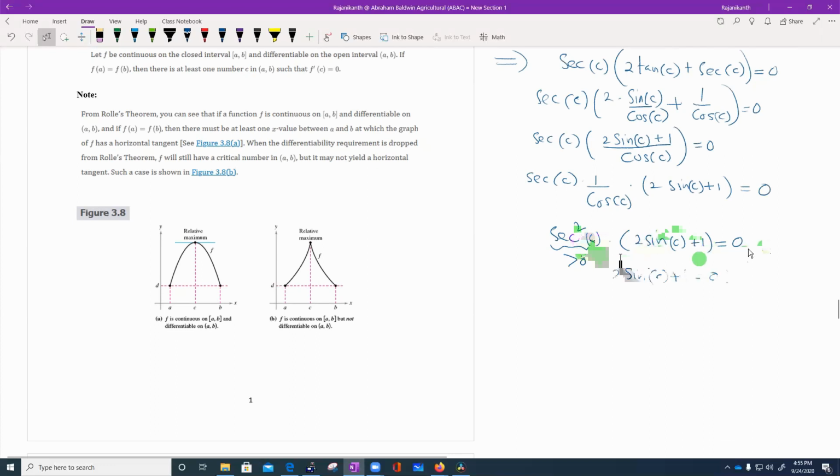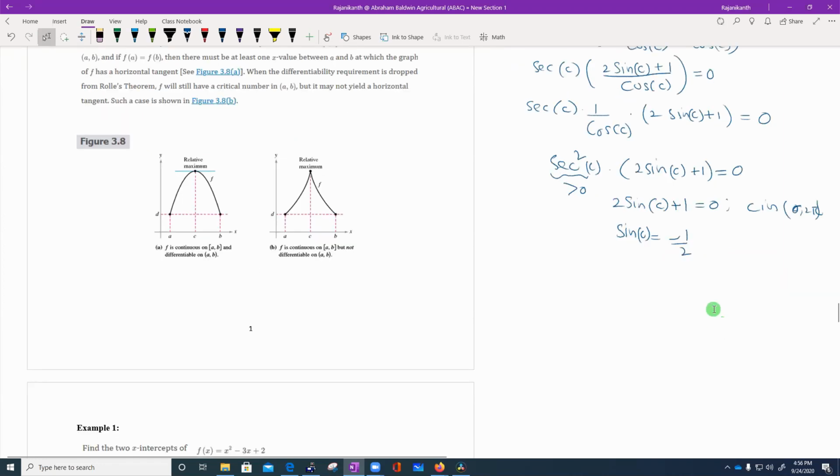Remember, what was our interval? Your C should be in which interval? Remember the interval given in the problem, 0 to 2 pi. Okay, now solve this equation for sine C. Sine C is nothing but: move this plus 1 to the right side, negative 1, divide by 2. Now here's the catch. Use the unit circle.